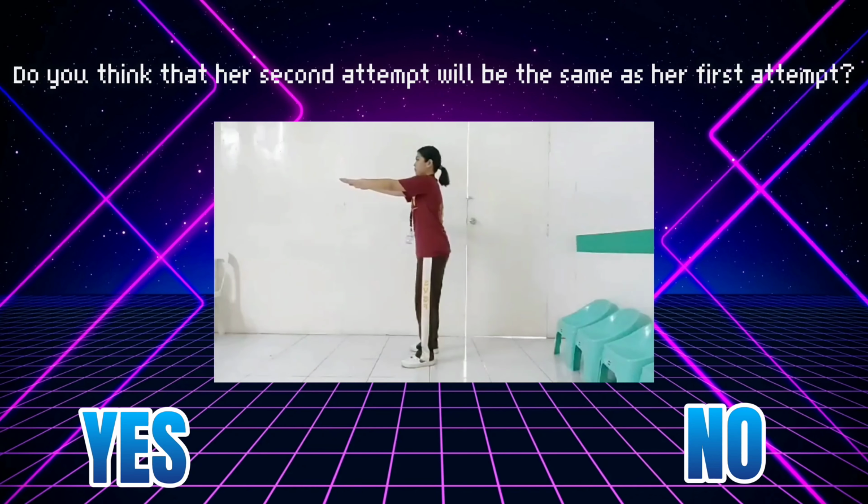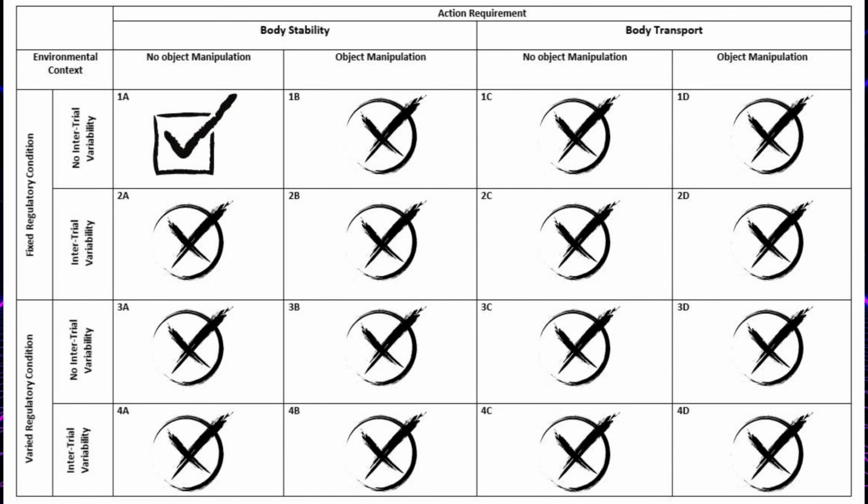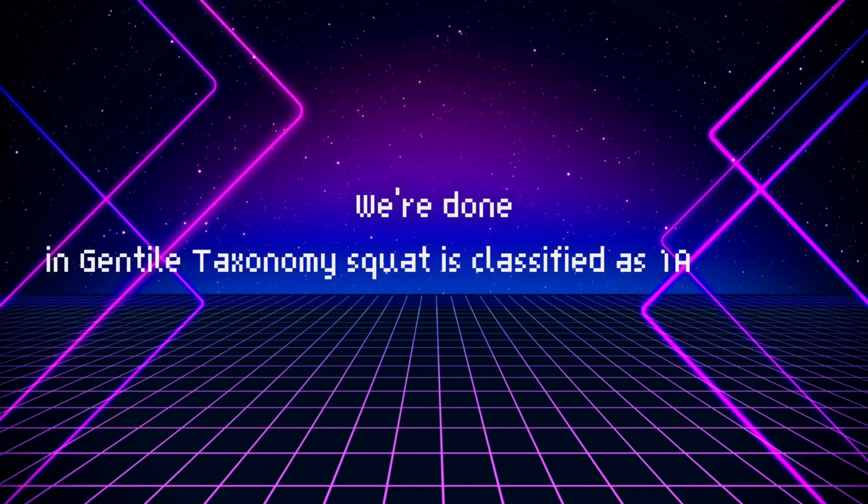Do you think that her second attempt will be the same as her first attempt? We're done! And in the Gentile taxonomy, squat is classified as 1A category.